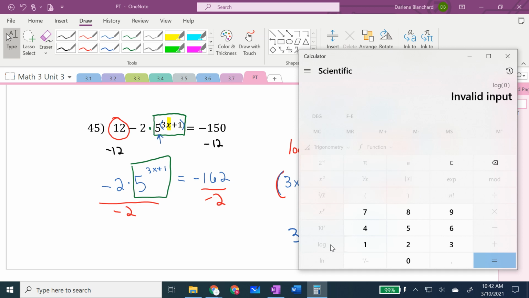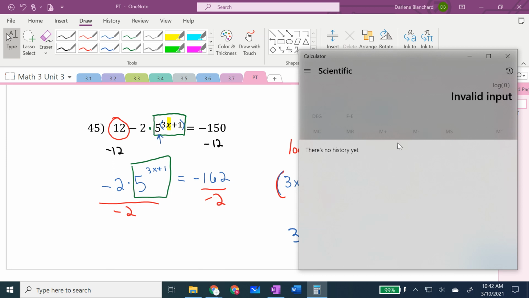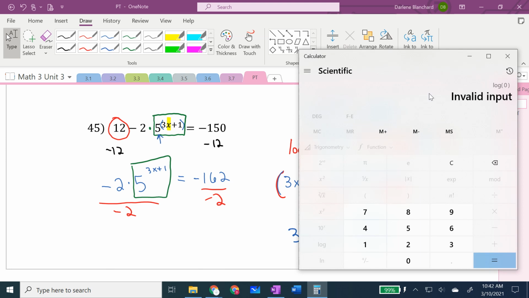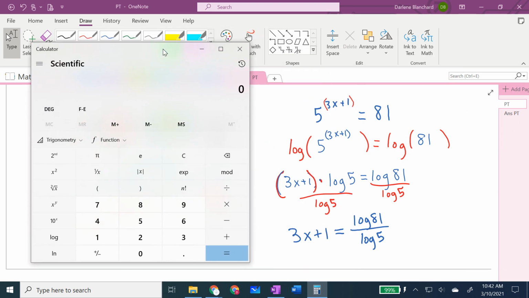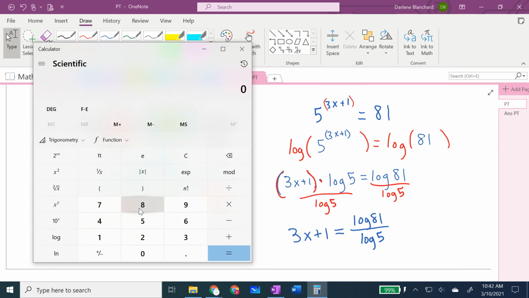I'm pushing first log. Okay, no, I'm not. Stop. Clear. Okay. If you're using this particular calculator, actually this is good because I can show you the two issues. I need to go 81 and then log and write that down. I'm just going to leave it as 1.9. So I'm going to remember 1.9.